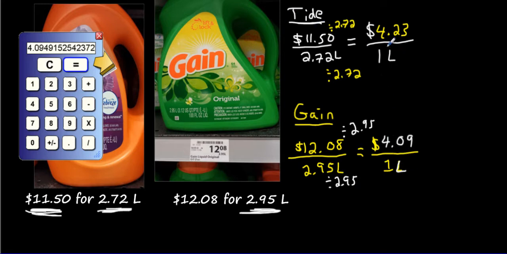This Tide is $4.23 for 1 liter. It's a little bit more pricey. This is pricey. This is cheaper. Not much cheaper, but hey, if you're saving money, every penny counts. You don't want to get ripped off, especially if they work the same way. And well, this has Febreze in it, and this one just naturally smells great.